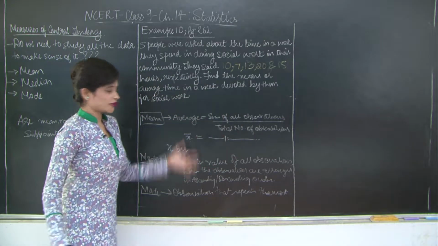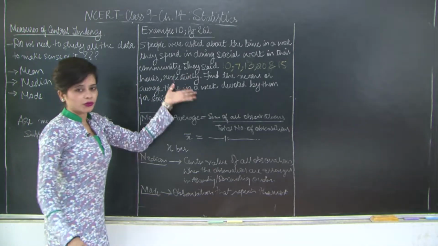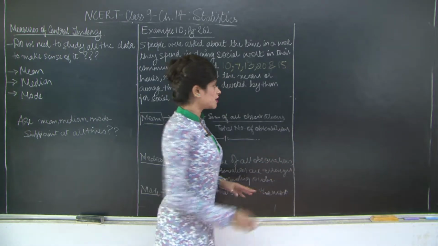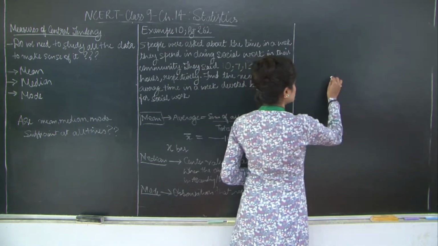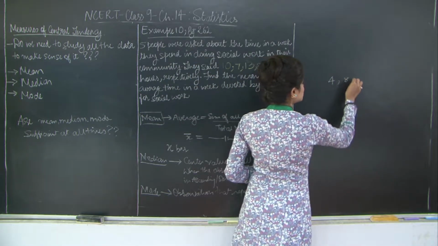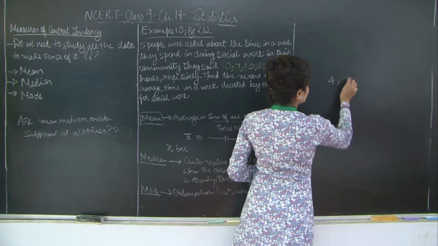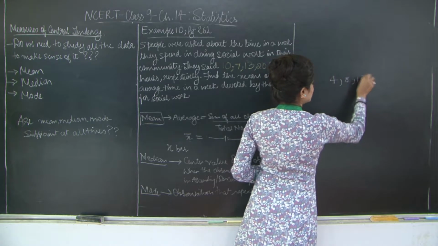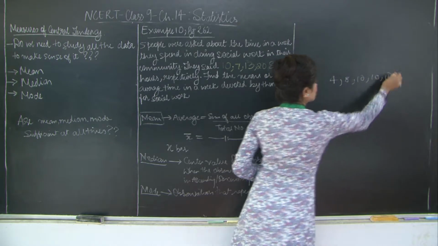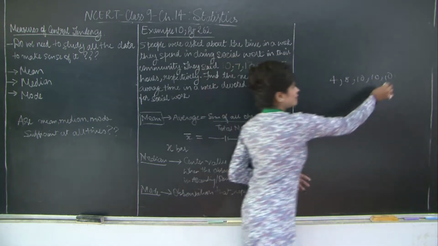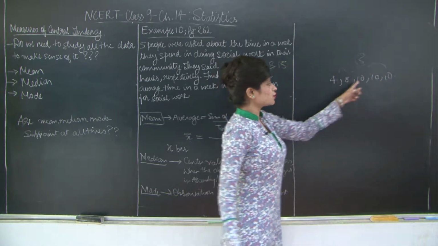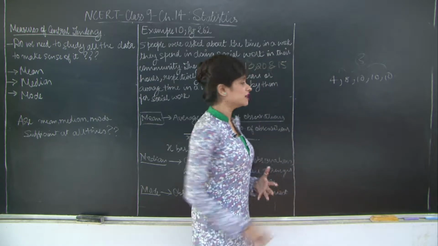For examples of these, I will give you a very small example before we get started with the solved example. Let's say I have 5 observations and the 5 observations are 4, 8, 10, 10 and 10. How many observations do I have? These are 5 observations, right? 1, 2, 3, 4 and 5. So what is the mean going to be?